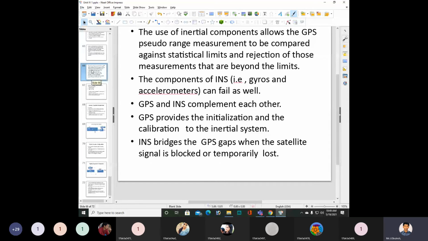GPS and the inertial navigation system complement each other.